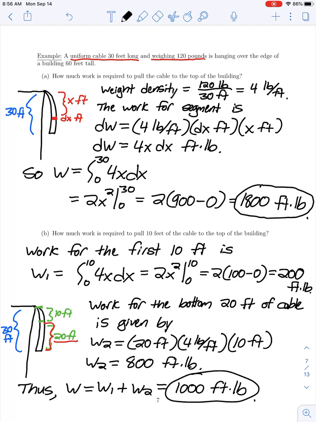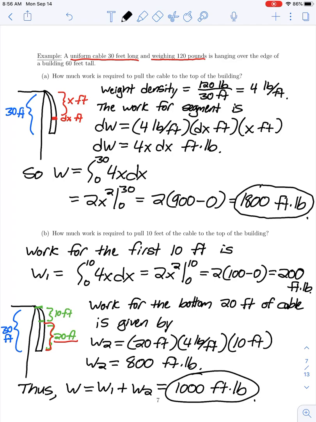Well, the first 10 feet of cable is more difficult to pull to the top of the building because it has this section of cable hanging off the end of it, which has weight. And the more cable that we pull in, the less weight or the less force is required to pull in the remaining section of cable because it doesn't weigh quite as much.